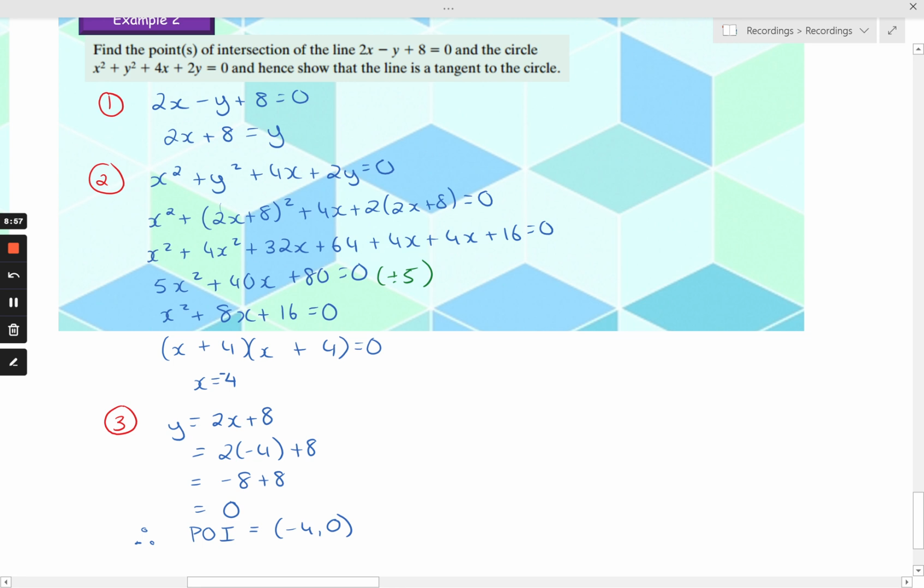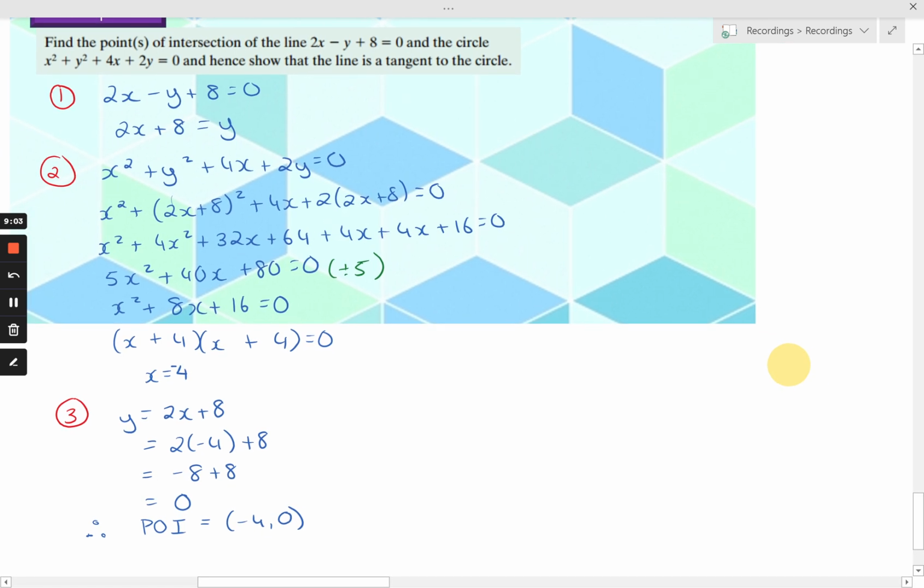But to prove that the line is a tangent, we need to show that the radius is the perpendicular distance. And to do that, I need to find the center and the radius of this circle. So we have x squared plus y squared plus 4x plus 2y is equal to 0.